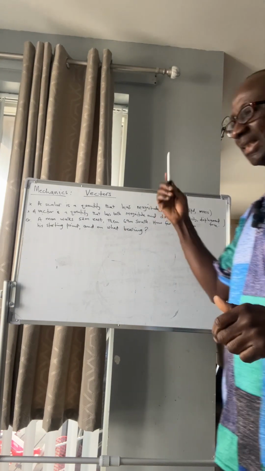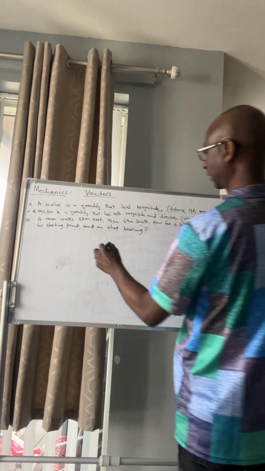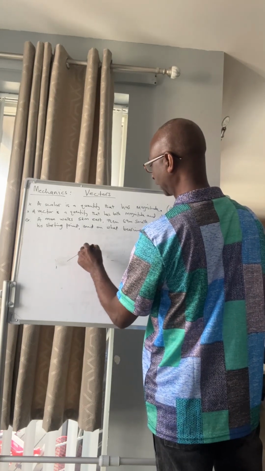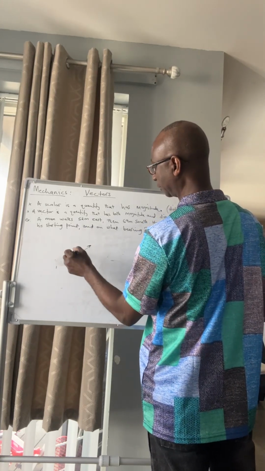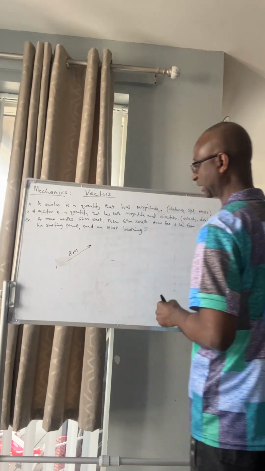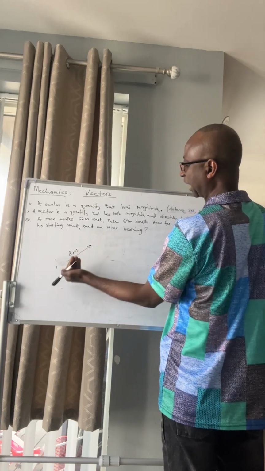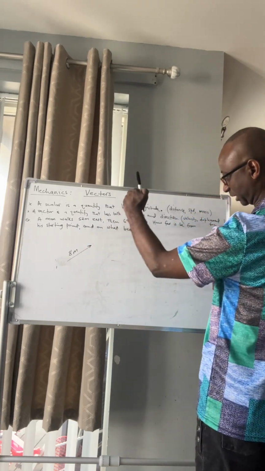Vectors are normally represented by arrows. That is to show the direction. A line like this, for example, this could be a vector. It has this arrow. If you say this is 8 meters, for example, that is the distance of this vector, and the arrow is pointing towards this direction.